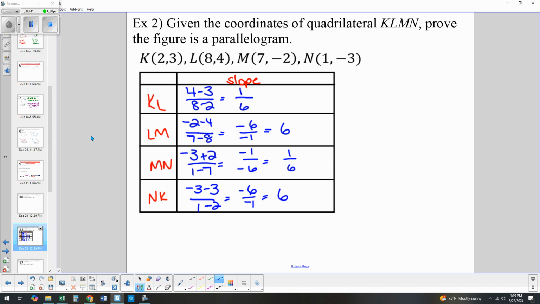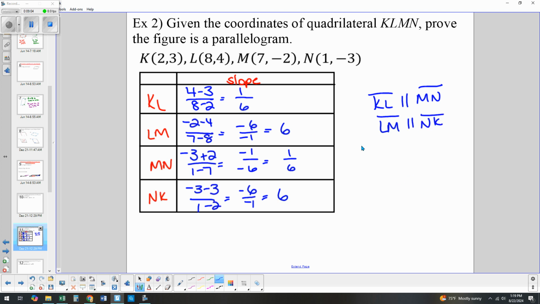So I can see, and now this is the important part of the proof, doing the work is one step, but now we have to describe what we found. We found KL had a slope of 1/6 and MN had a slope of 1/6, so we have found that KL is parallel to MN. We saw LM and NK both had slopes of 6, so we also showed that LM is parallel to NK.